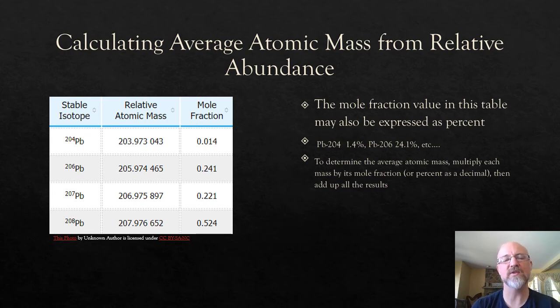So if we take all that information, and sometimes it can be expressed as mole fractions or as relative abundance like in the last slide, but could also be expressed as percentages, in which case you just turn them back into the decimal, we multiply each relative mass value by its fractional amount in the sample.